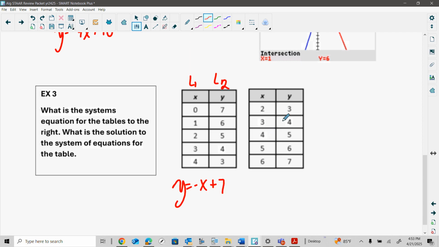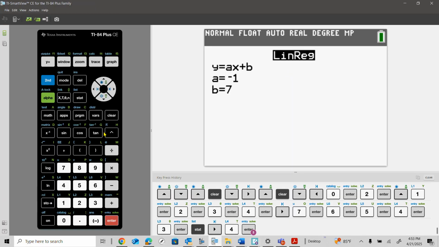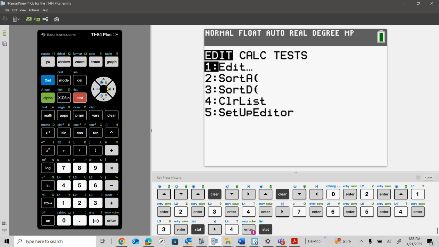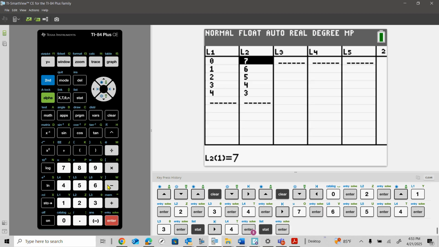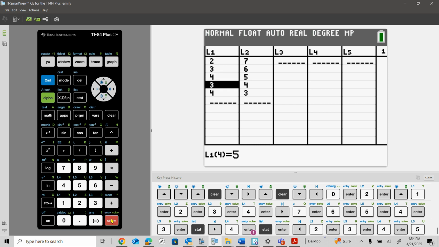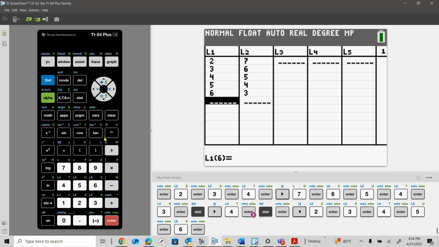All right, so I'm going to repeat this, my L1, my L2, for the second table. So I've got to go back to my calculator, stat, enter. I want to change these values in here. So we have 2, 3, 4, 5, and 6. And then we're going to arrow to the right, come up to the top of the list.